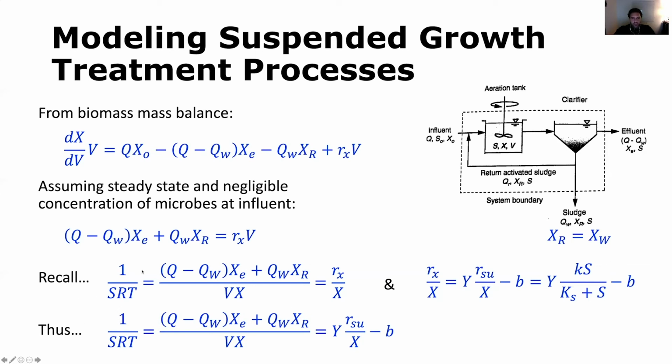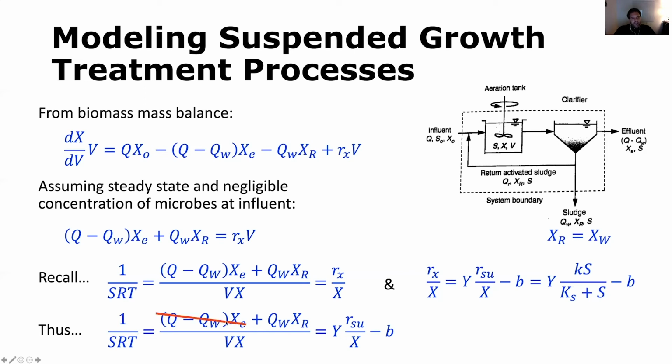With these two equations, understanding that they are equal to each other, we can simplify to show that 1 over the solids retention time is equal to Y times the substrate utilization rate over X minus B. In some cases, we also know that this is equal to Q minus QW times XE, which is what's leaving the system in the liquid effluent, plus what's leaving in the sludge, QW XR, divided by VX.